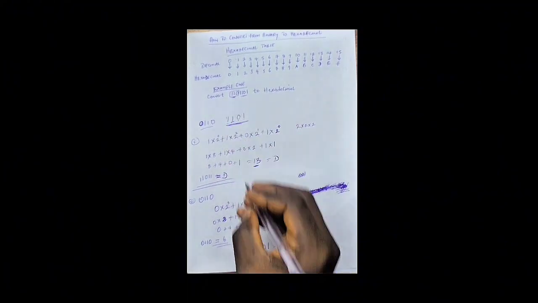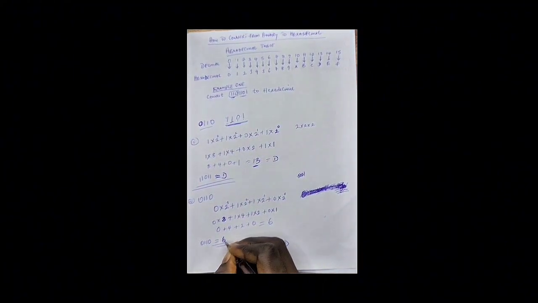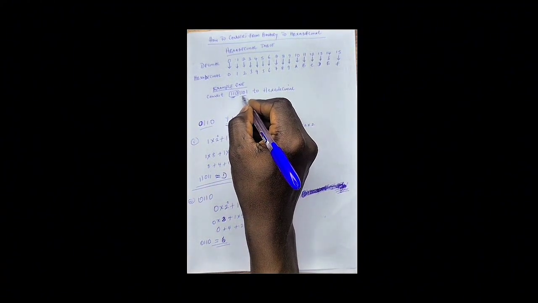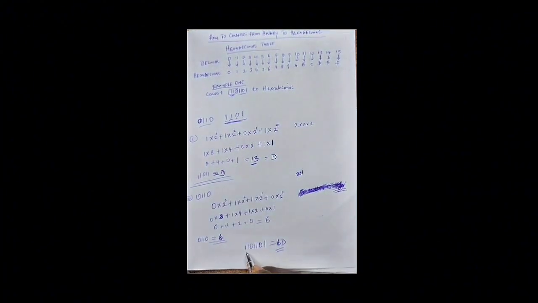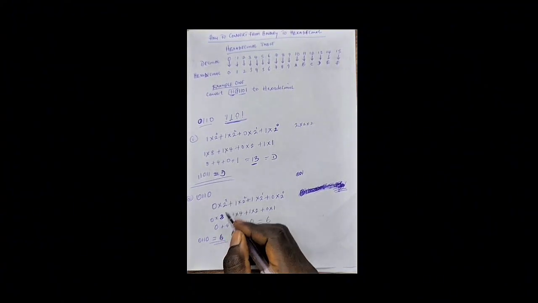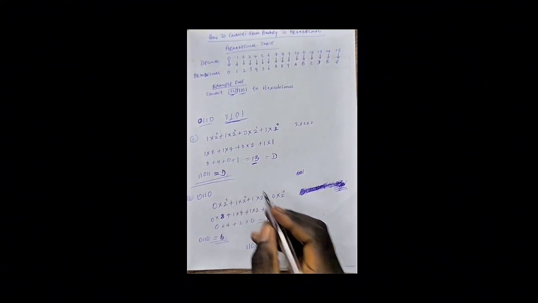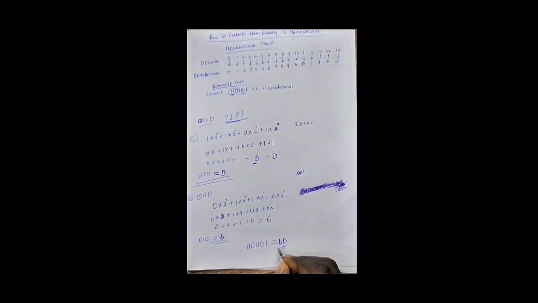The first group, 110, gives us 6. Then the second group, 1101, gives us D. So we have 6D as our final answer.